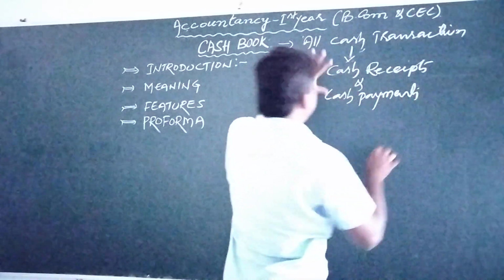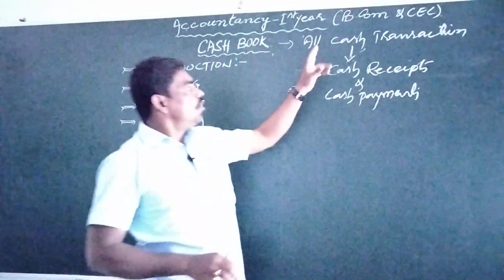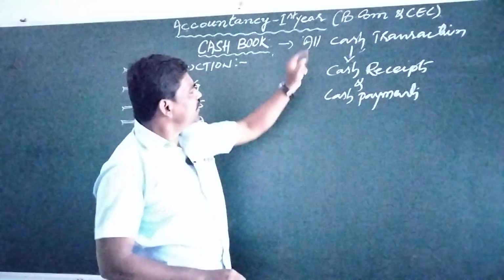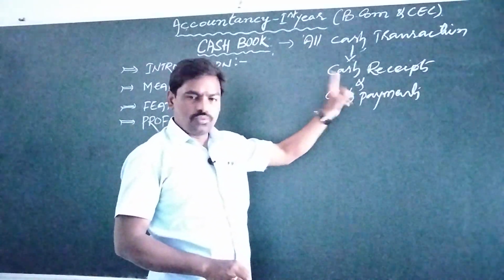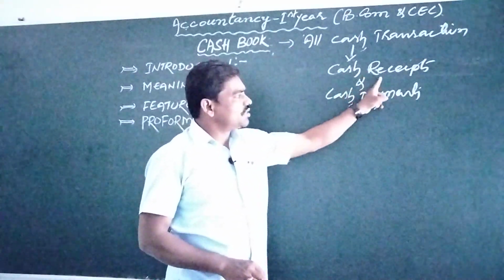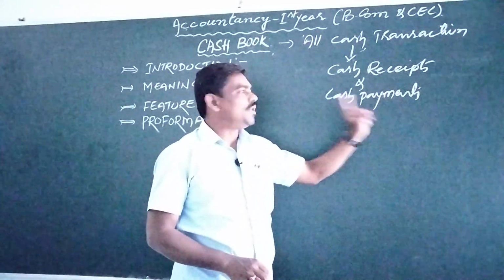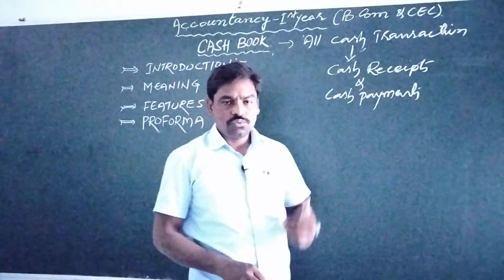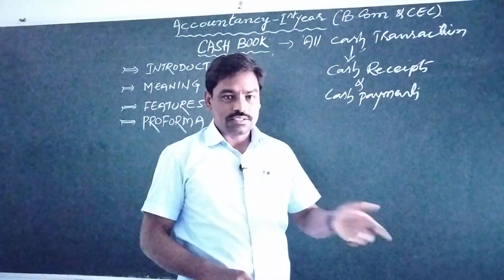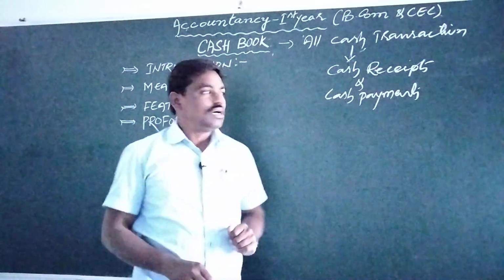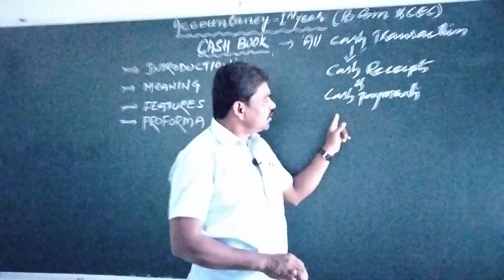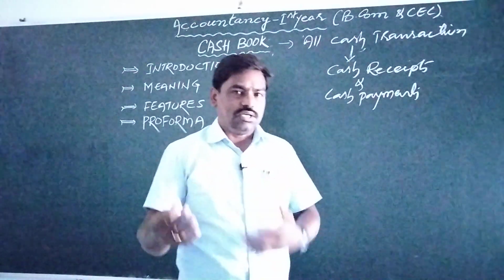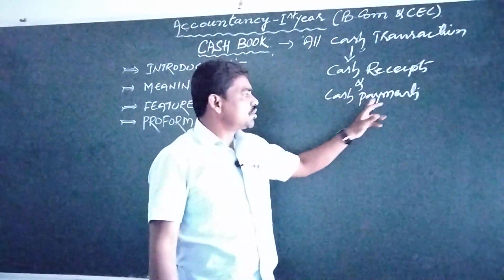So in the business organization, all cash transactions are recorded in the cash book. Cash transactions include cash receipts and cash payments. What is cash receipt? Whenever we receive cash from outsiders, that is called cash receipt. And similarly, what is cash payment? Whatever amount we pay to outsiders is called cash payment.